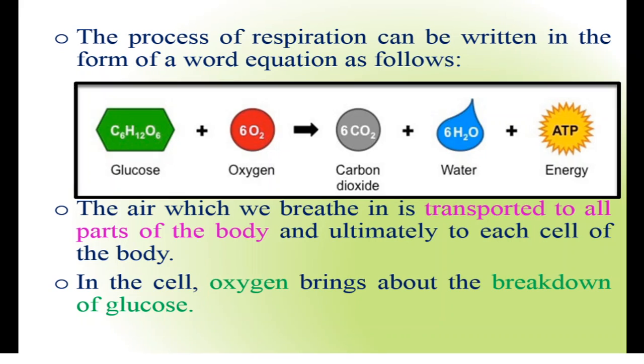All the cells store that glucose. So when we breathe the air, that is the oxygen, the oxygen is transported by our body to each and every cell of the body. In the cell, that oxygen brings about the breakdown of glucose.